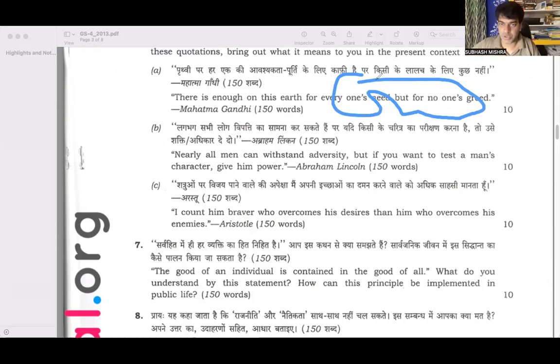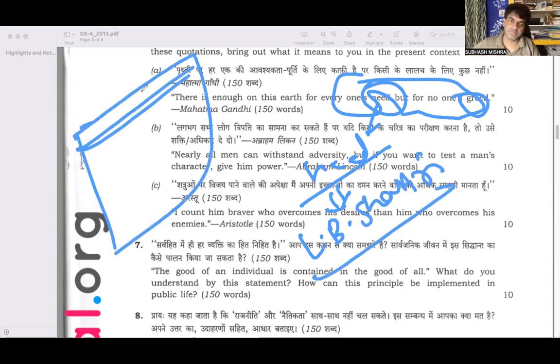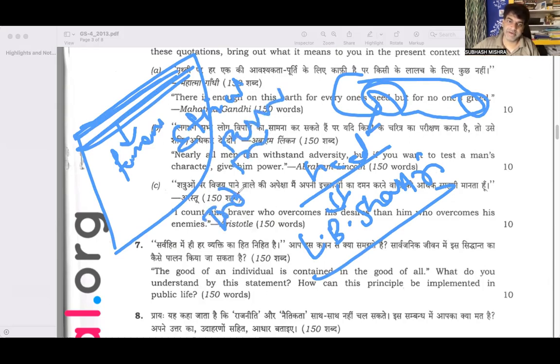Then personalities who actually talked about how we need only need, not greed. Who are those personalities? Lal Bahadur Shastri. Make one folder of famous ethical personalities from India and the world.